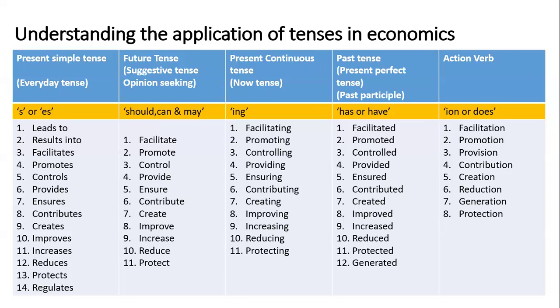In most cases, students start very well. They say facilitating infrastructure development or promoting labor skills. Then after that, they say this can. Then there you are going astray. You're supposed to maintain the tense. This is helping, or this is facilitating this, and you go.